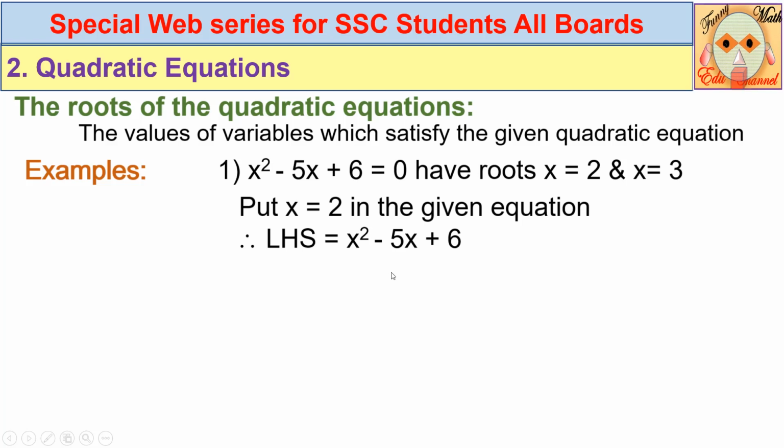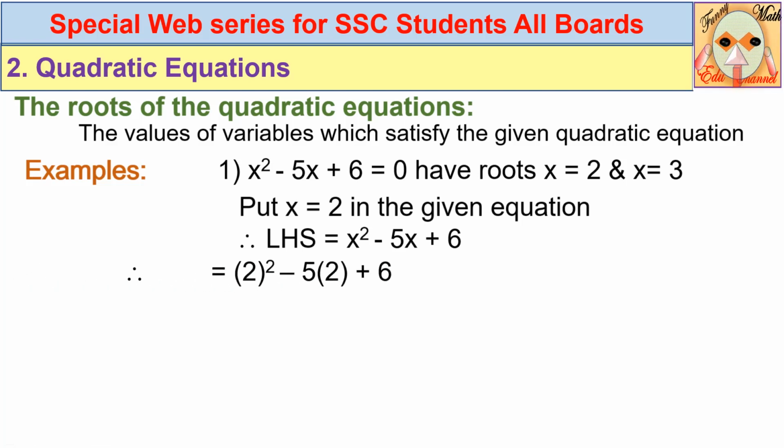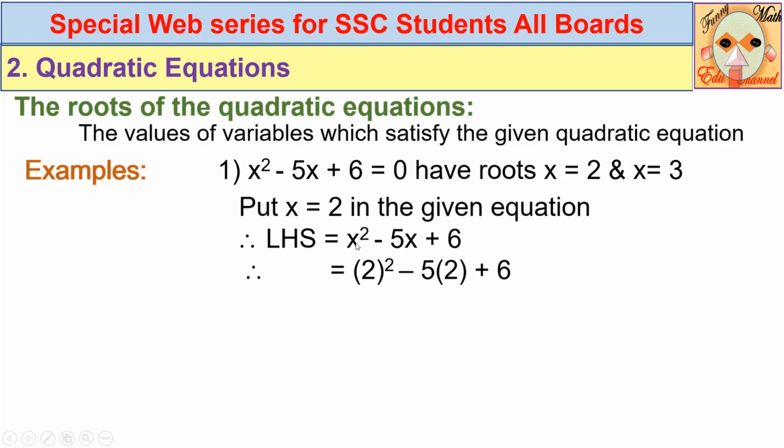So where is the x? There we are going to put 2. So here is x square, so we write here 2 square, minus sign, minus 5 as it is, x that is 2, so plus 6 as it is. And here you have to take the product of 5 and 2, that is minus 10, and 2 square you have to do, that is 4. So the next step is 4 minus 10 plus 6.